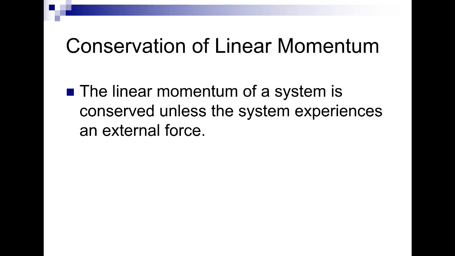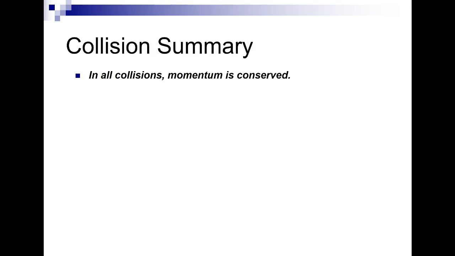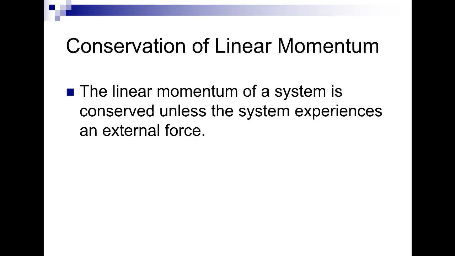So we say that the linear momentum of a system is conserved unless the system experiences an external force. And just to go back to that, that's because of what we said previously, that the external force is equal to a change in momentum over a change in time.